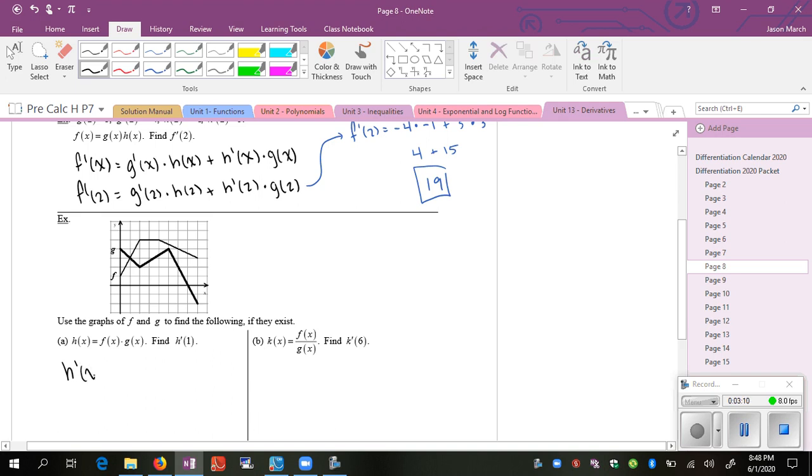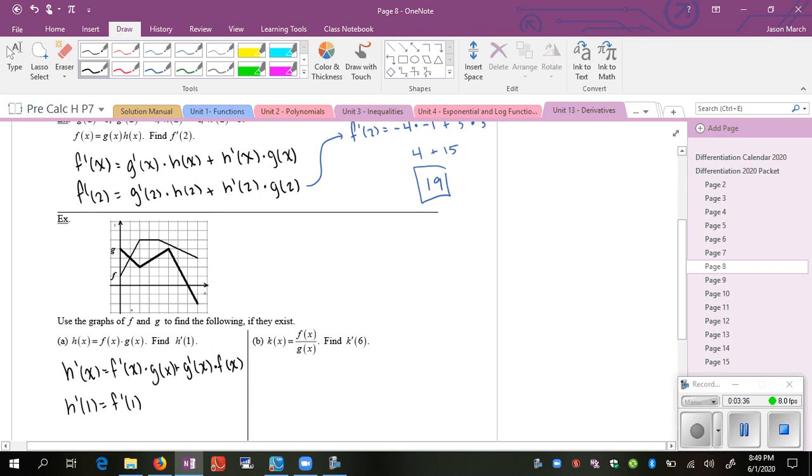H prime of x is f prime of x times g of x plus g prime of x times f of x. All right, so again, I replace my x's with 1s, so h prime of 1 is equal to f prime of 1.